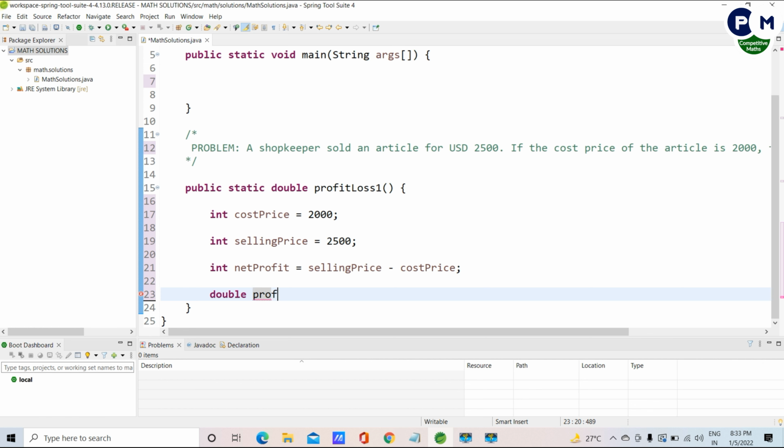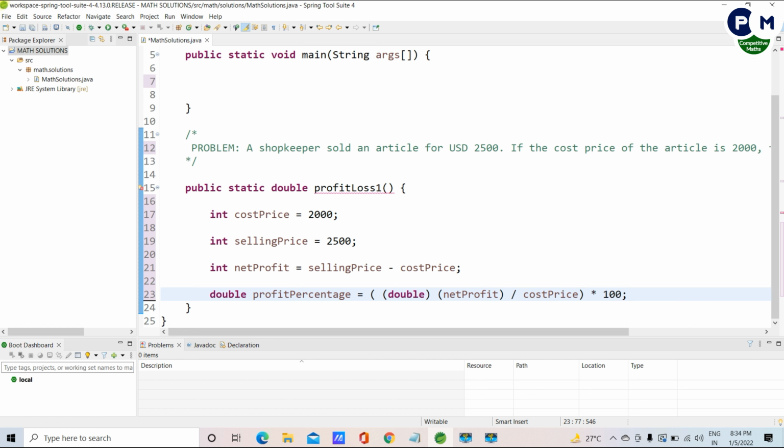Step 1 is to create a new class. Specific static method named profit loss 1. Next, define the cost price and selling price member variables and initialize them.